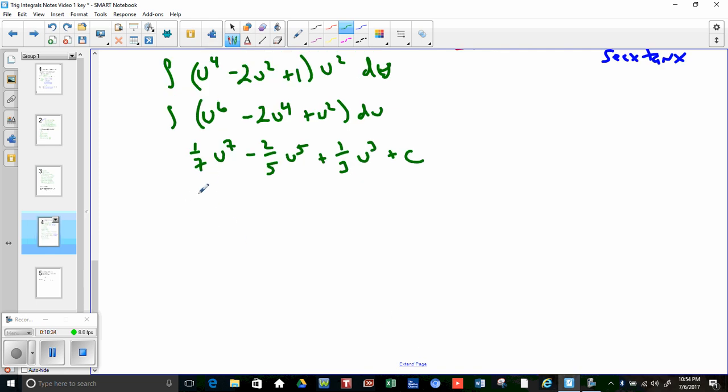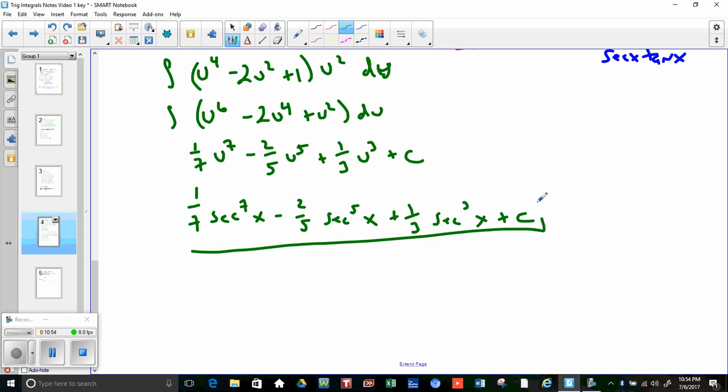And the original u was secant, so it's 1/7 secant to the 7th of x minus 2/5 secant to the 5th x plus 1/3 secant cubed x plus c. And there we have it. Slightly better box there. Good stuff.